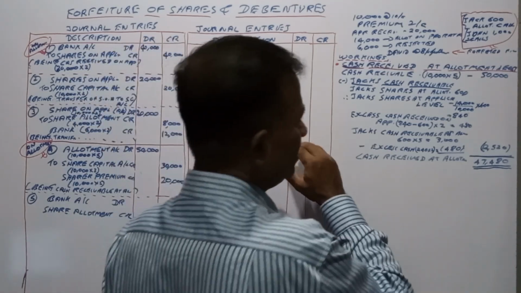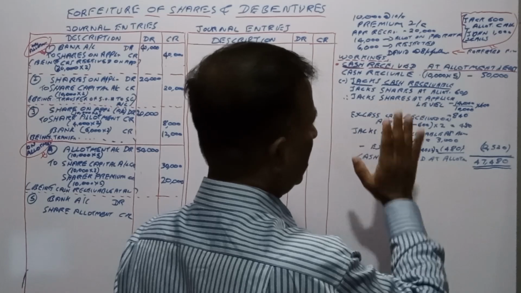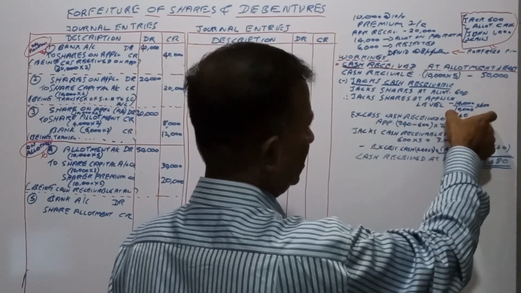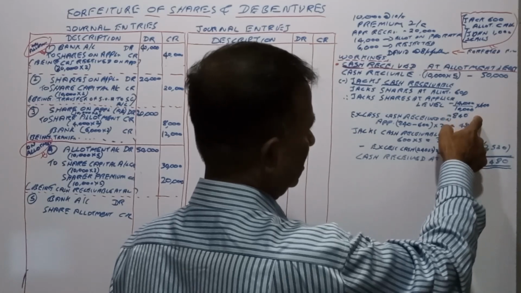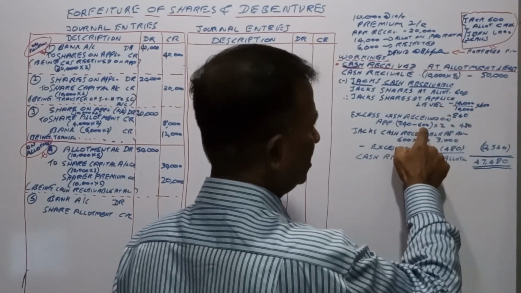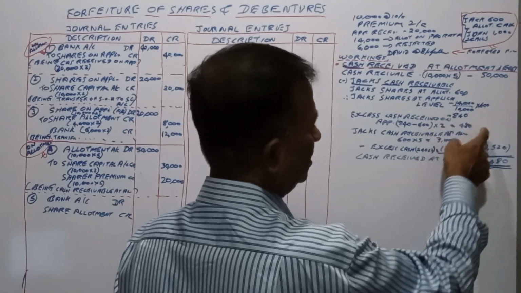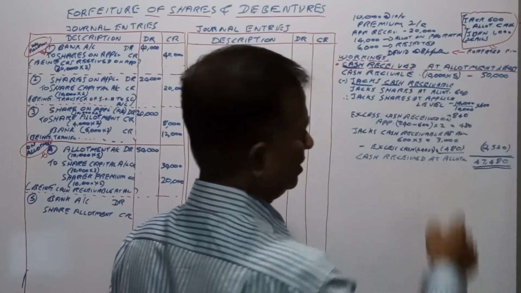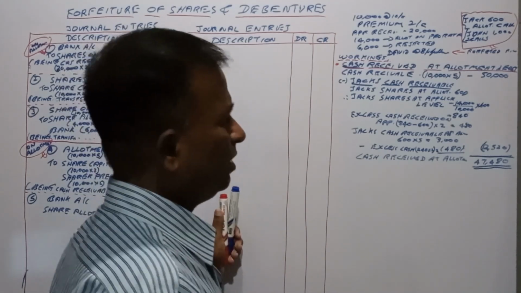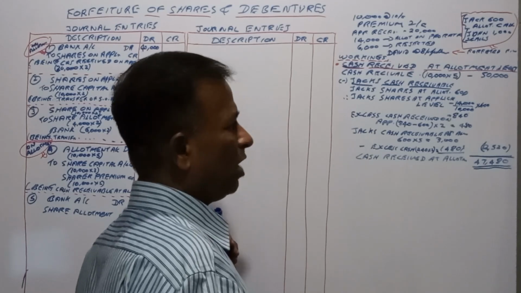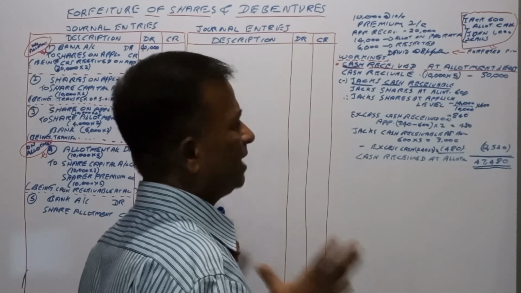So the excess received on application is 840 minus 600 shares, into 2 rupees, that is 480, the amount we got excessively at the application level from Jack.